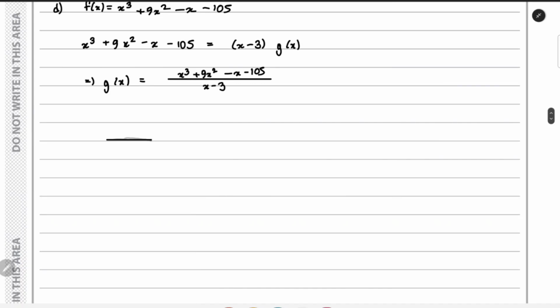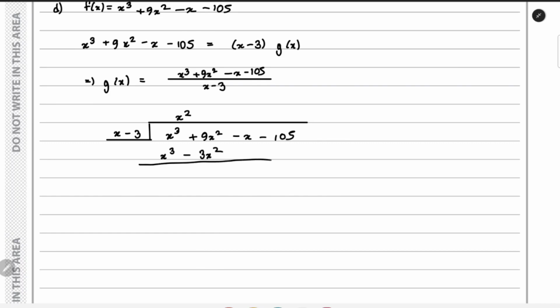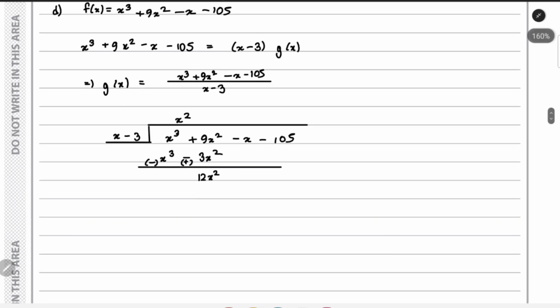So the numerator is x cube plus 9x square minus x minus 105. The denominator is x minus 3. We have x square over here, x cube minus 3x square. This, we have 12x square minus x. We can take plus 12x.